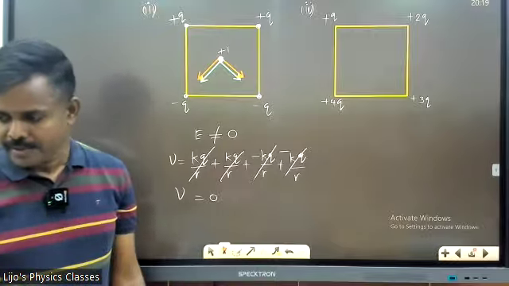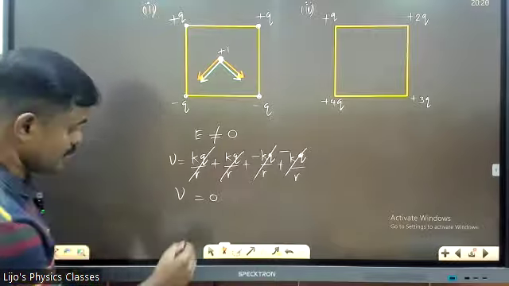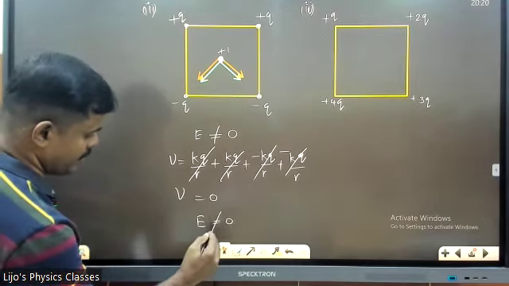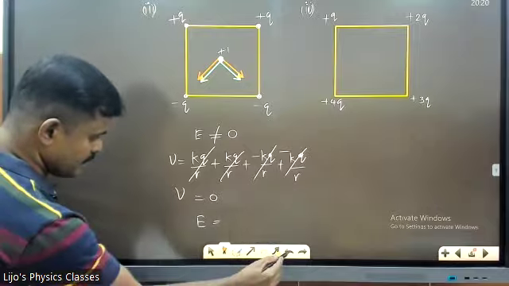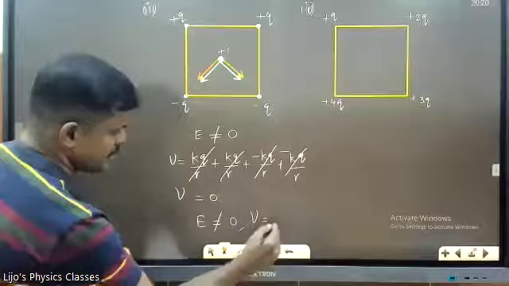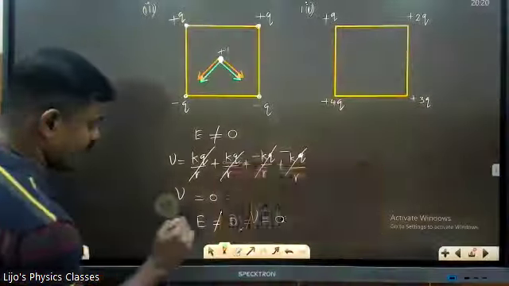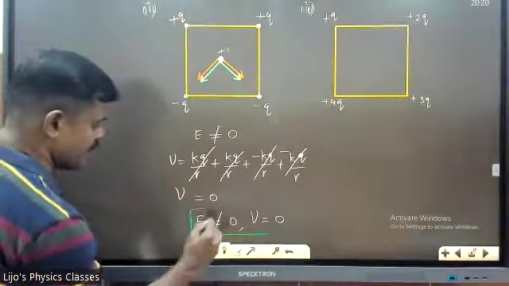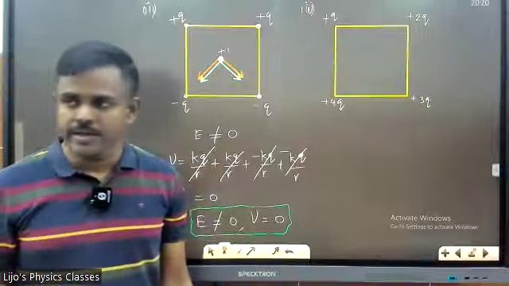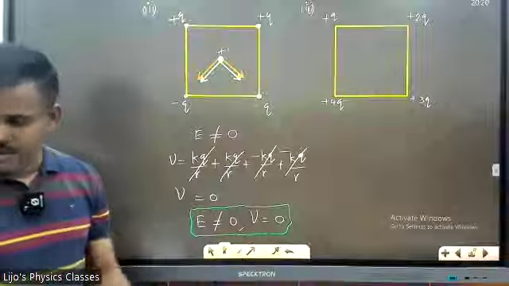Correct. Got it, all of you? So what can we say? Electric field is not equal to 0. Potential is equal to 0. So far, we have done 3 configurations. E is equal to 0, V is equal to 0. E is equal to 0, V not equal to 0. E not equal to 0, V equal to 0.